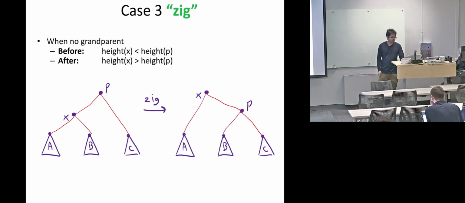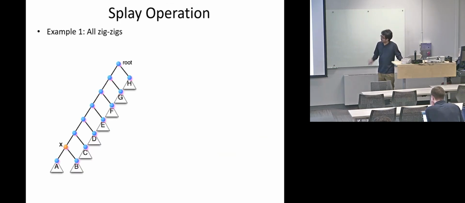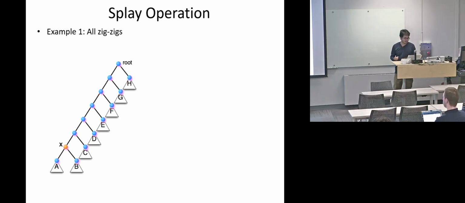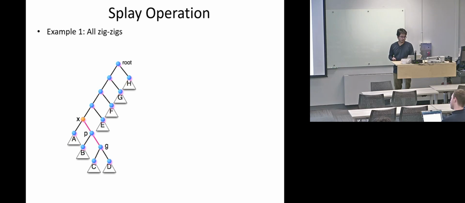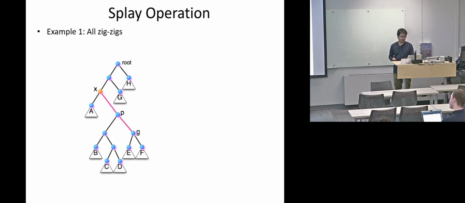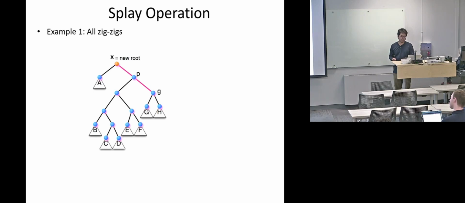Okay, let's see some examples. Basically, if x is here, and all the ancestors are on the same side, then we keep doing zig-zig. Do zig-zig, then look at the grandparent and parent, zig-zig again, and again. That's it.